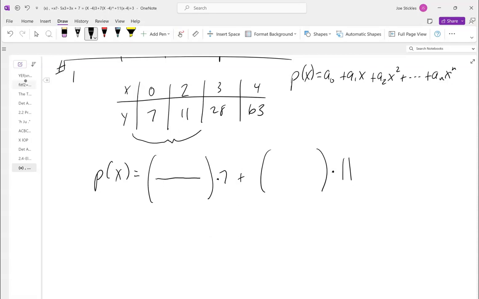I want to make a fraction. On bottom, I'm going to divide out by 2 minus 0. The idea behind this is that when I plug in one of the numbers, again, we want to get a 1 out. I want to scale it. Does that make sense? I want to scale it to a 1.